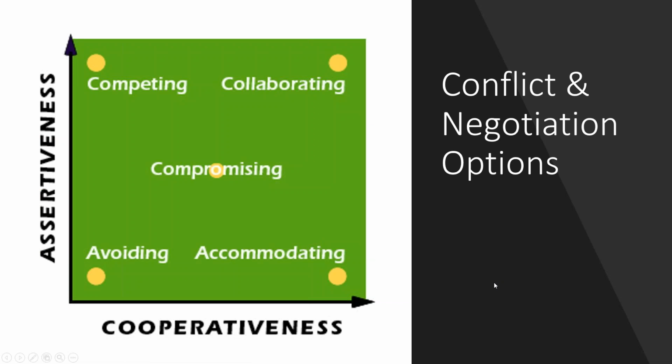This was the model that I shared with you last time we met, and you'll note that it's based on the parameters of assertiveness and cooperativeness. There are 5 particular ways of dealing with conflict, and we went through those 5.